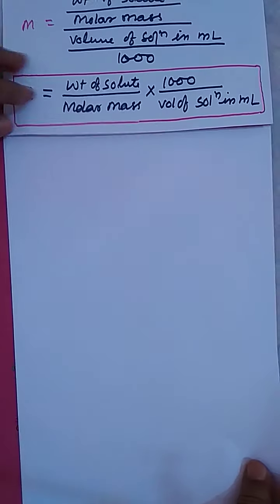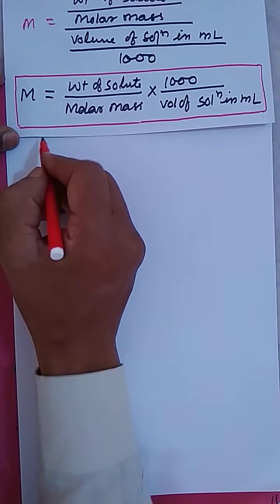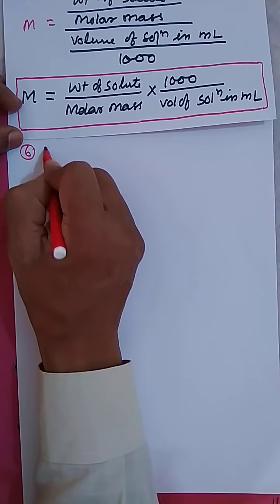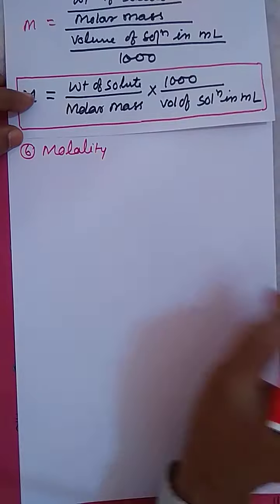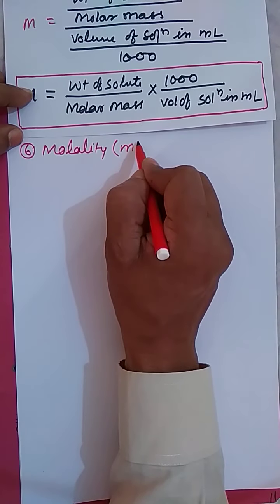Now next one is molality. Next one is 6th, molality, right? It is denoted by a small m.